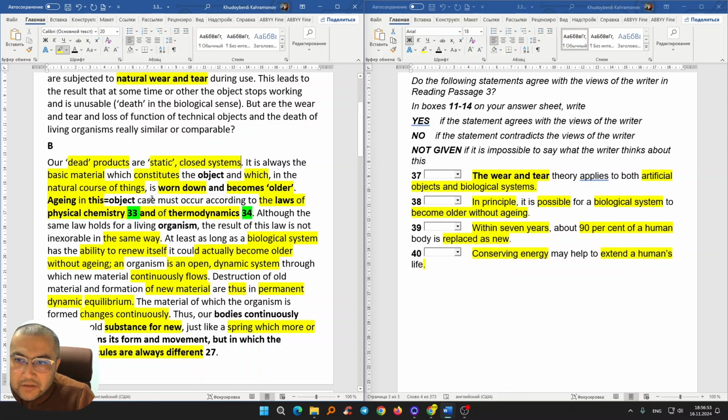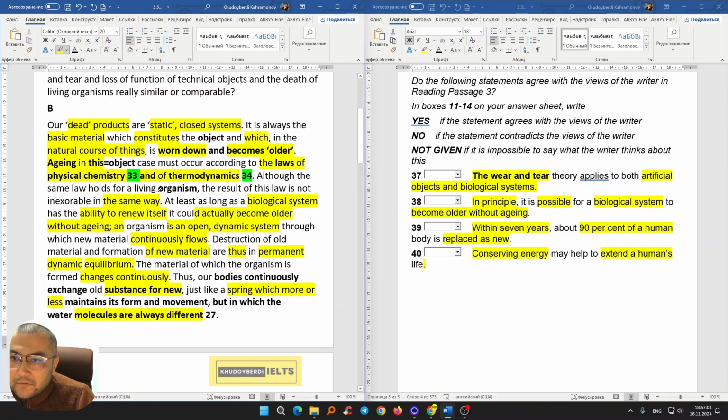Aging in this case must occur according to the laws of physical chemistry and thermodynamics, although the same law holds for a living organism. The result of this law is not inexorable in the same way. At least as long as a biological system has the ability to renew itself, it could actually become older without aging. An organism is an open dynamic system through which new material continuously flows. Destruction of old material and formation of new material are thus in permanent dynamic equilibrium. The material in which the organism is formed changes continuously.